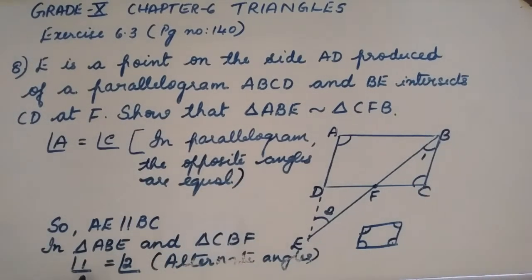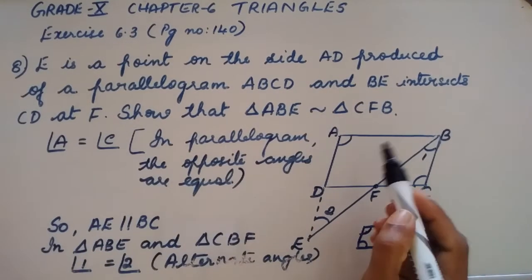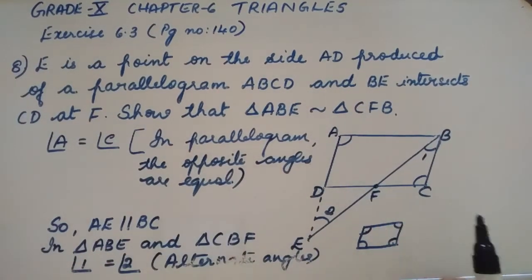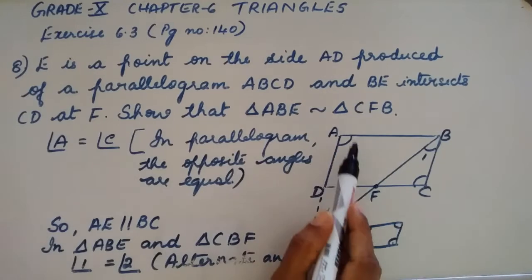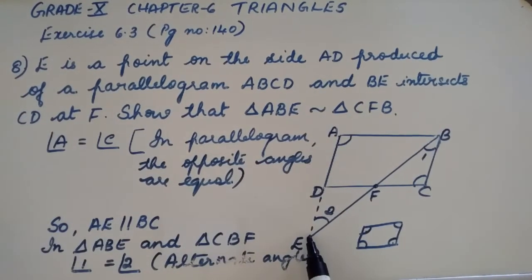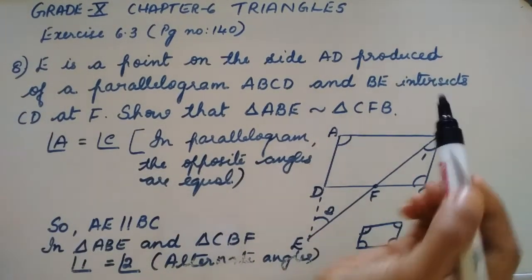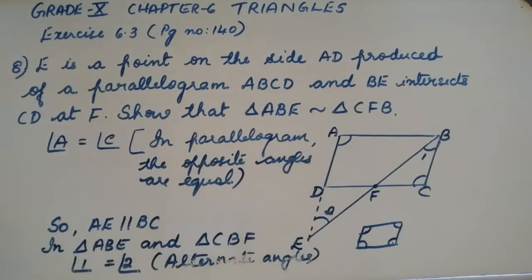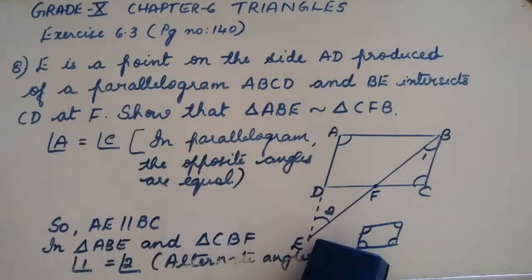So now by angle criteria, we can say that triangle ABE is similar to triangle CFB. Is it clear, students? Yes.